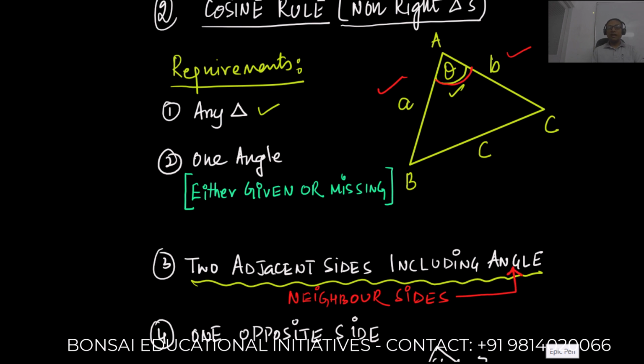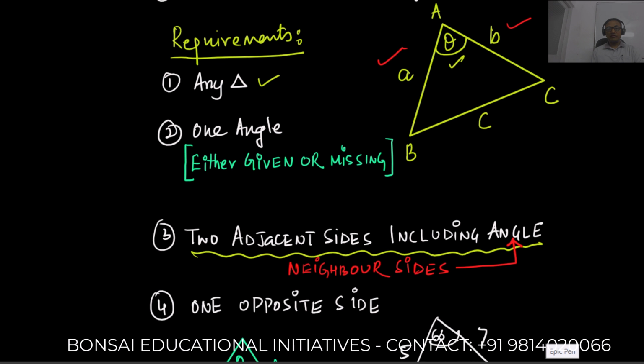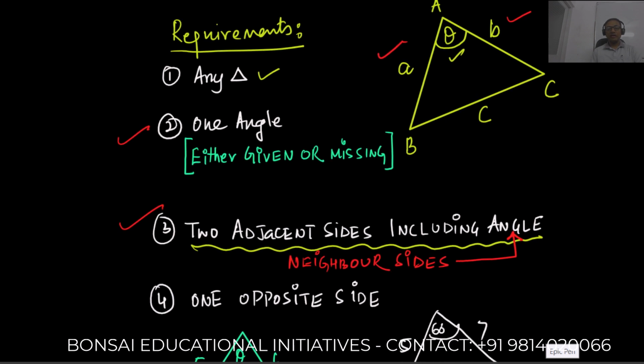So, one angle, two adjacent or neighbor sides. The third thing is one opposite side. Opposite to whom? Opposite to the angle. So these three and one more make four.